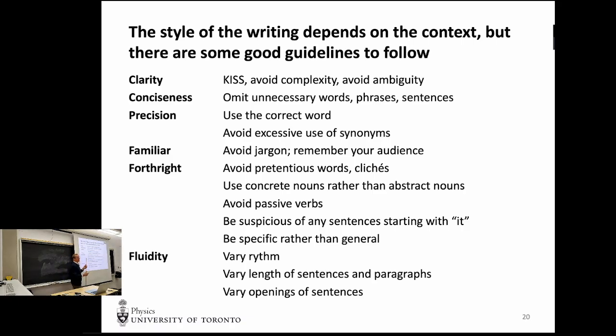And actually, passive voice versus active voice. Be suspicious of any sentences starting with "it." Because if it starts with "it," the first question is, what does it refer to at the beginning of the sentence? Is it something that ended the previous sentence? Was it the subject of the previous sentence? It always creates ambiguity. So be suspicious. Be specific rather than general. Try to be as specific as possible.